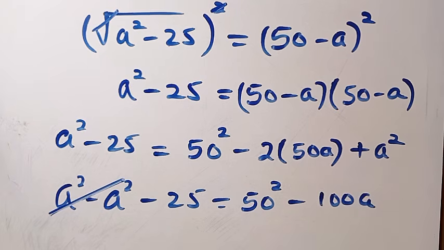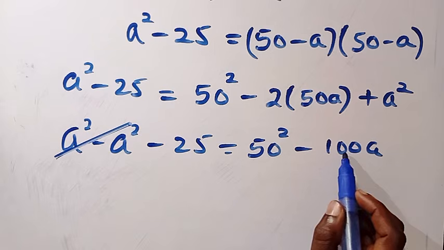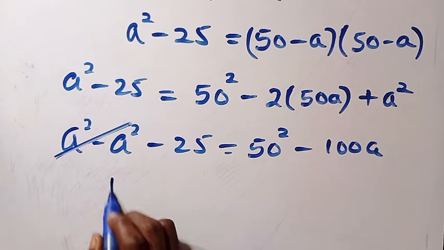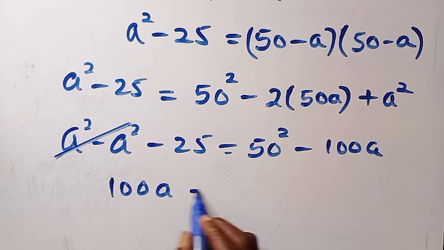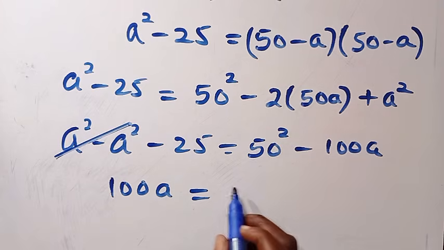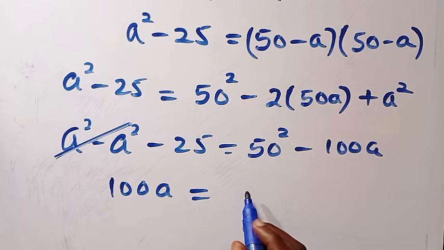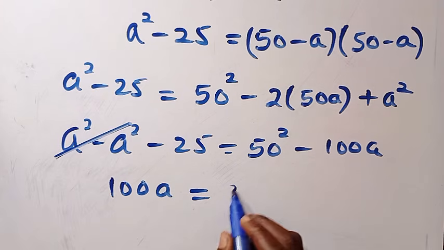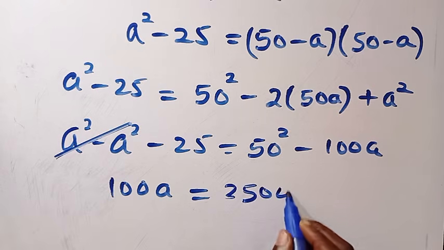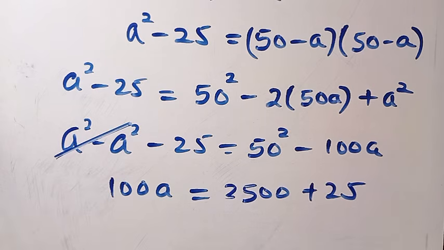These two cancelled. So suppose I take this minus 100a to this side, we have it as 100a equals, I take this 25 to the other side, and this is 50 squared. 50 squared is given as 2,500, then plus 25.